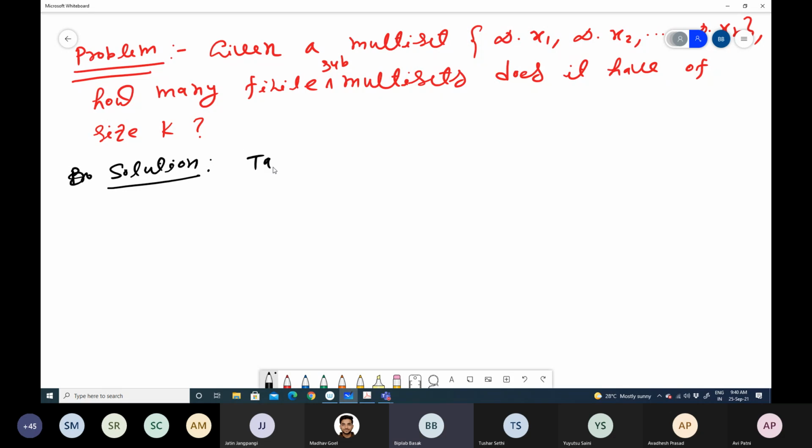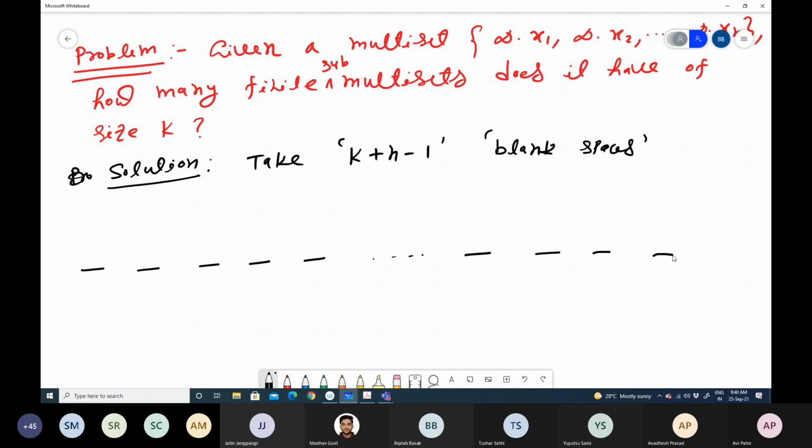We first take k plus n minus 1 number of blank spaces. We just place them here, in this way. So we have a total of k plus n minus 1.